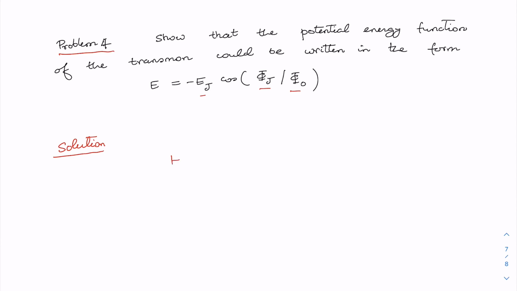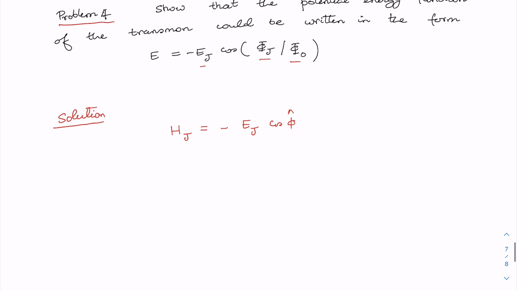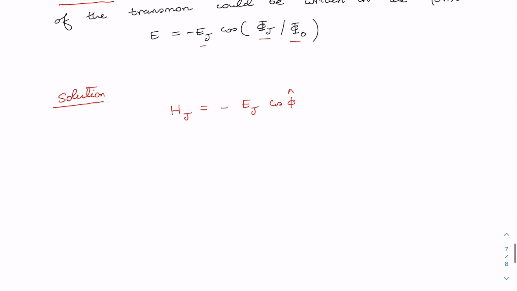There we derived the Hamiltonian for the Josephson junction in this form, Hj is equal to minus Ej cos phi cap, where phi is the phase difference across the junction. Let me give you a quick recap of the derivation. We started with the well-known expression for the tunneling energy in the Hamiltonian.